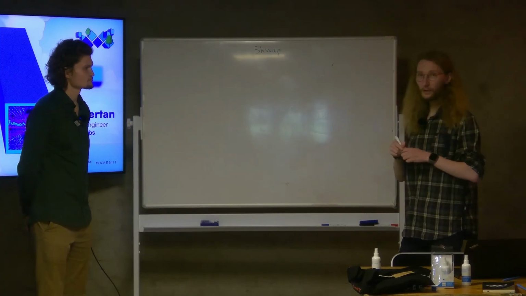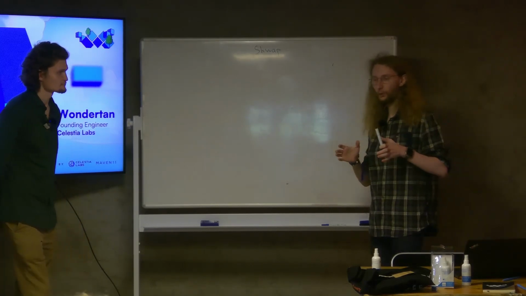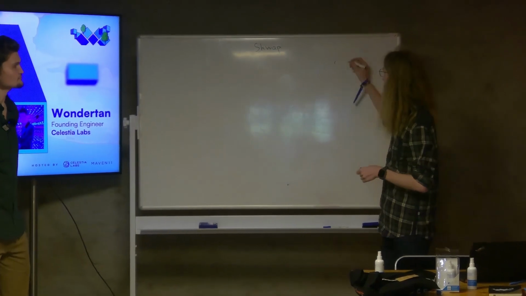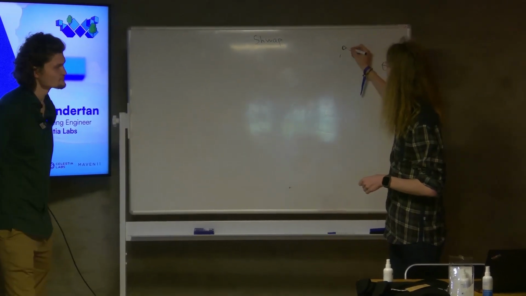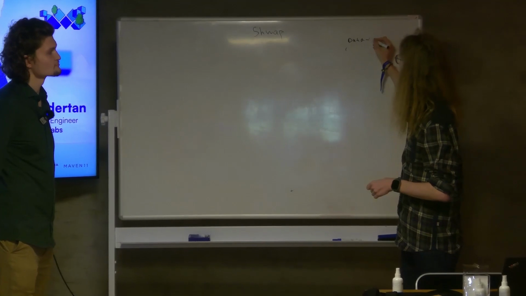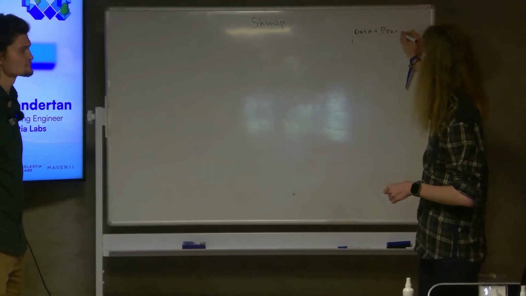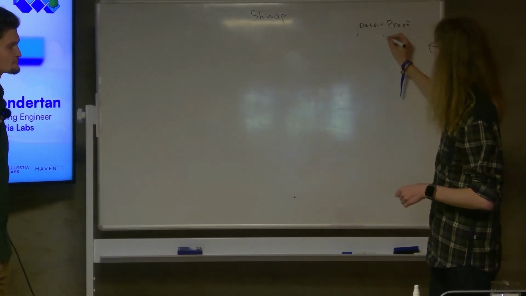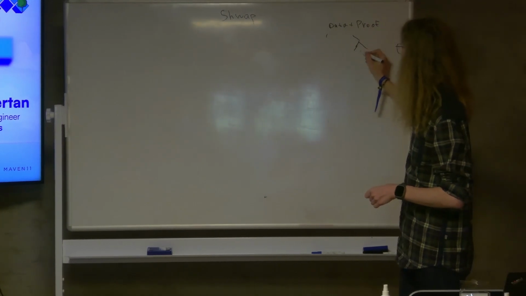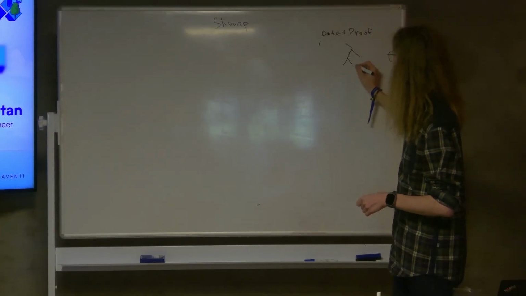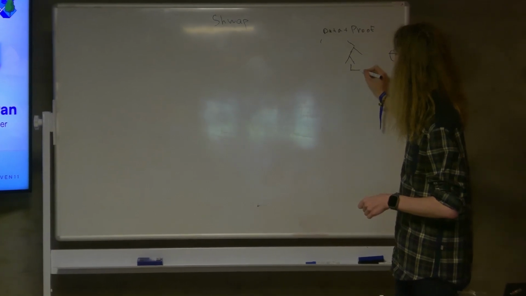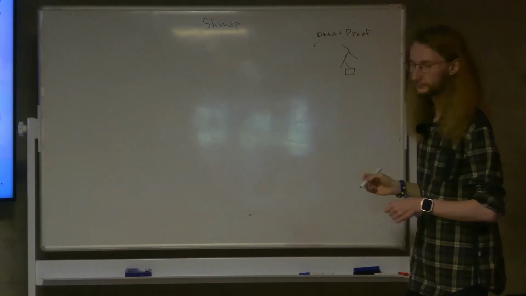To cover the storage, let's quickly recap that for serving samples, we need to serve both data and proof. The proof is the Merkle proof. It has intermediate nodes, and on the leaf it has the share.